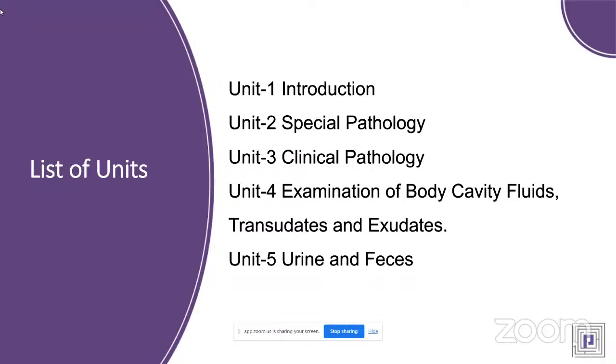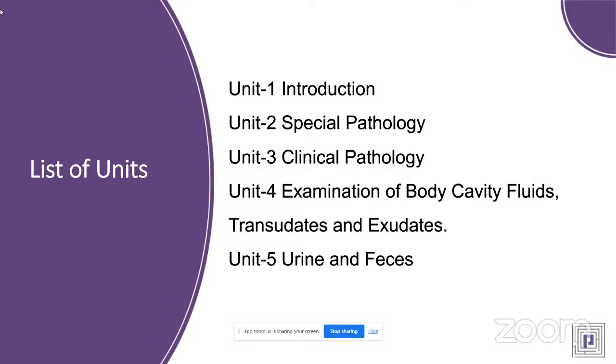Today, we have 5 units to discuss, what are the important questions in these topics and what are the questions frequently asked in these topics. These are the 5 units in the pathology subject.